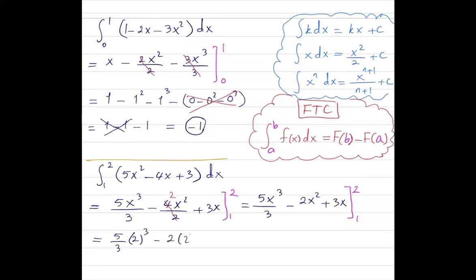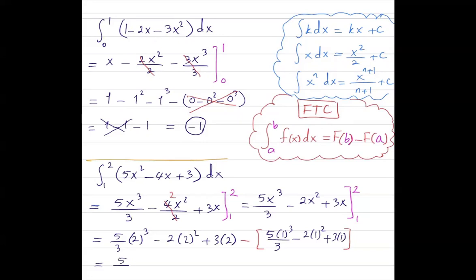Minus 2 times 2 squared plus 3 times 2 minus. Now let us use a bracket and then plug in 1. You get 5, 1 cubed divided by 3 minus 2 times 1 squared plus 3 times 1.